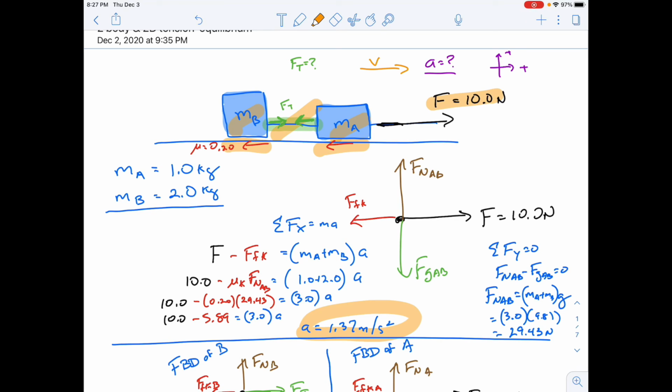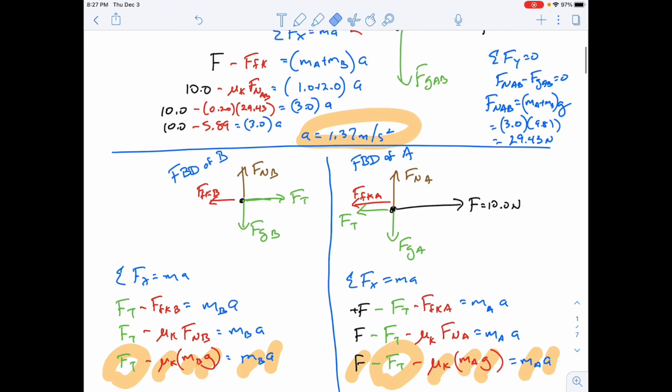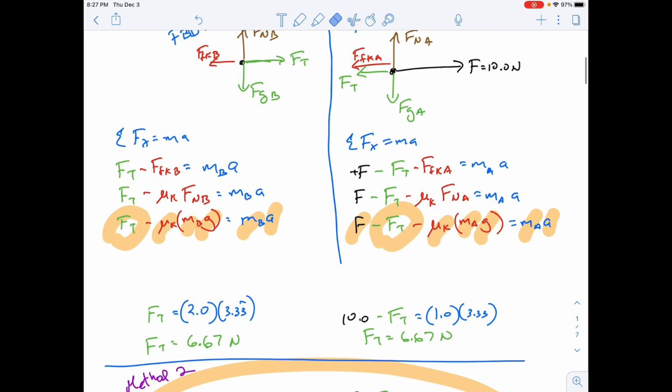Now, that doesn't always happen with other problems in other directions, so don't always think that you can assume the tension is going to be the same with or without the friction. But in this case, it does work out, and you can prove that to yourself.